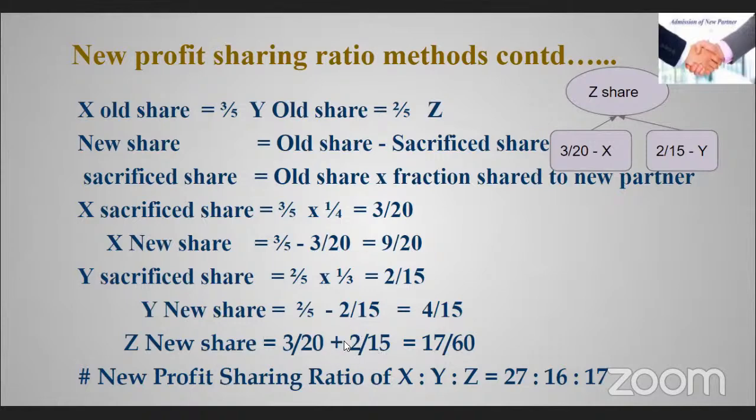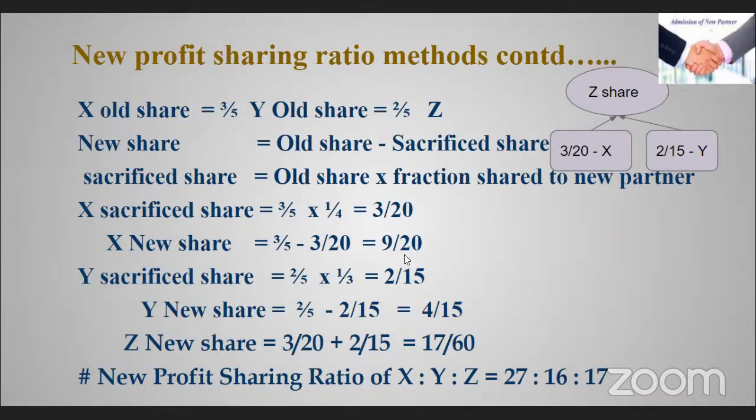Z is getting 3/20 from X and 2/15 from Y. Again, here there is a plus sign, so convert these denominators into equal fractions and do the LCM. You will get 17/60. So in that way, the shares of X, Y, Z are 9/20 is to 4/15 is to 17/60.